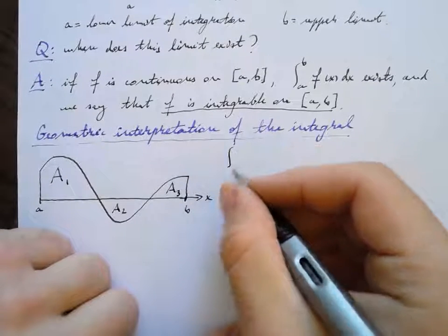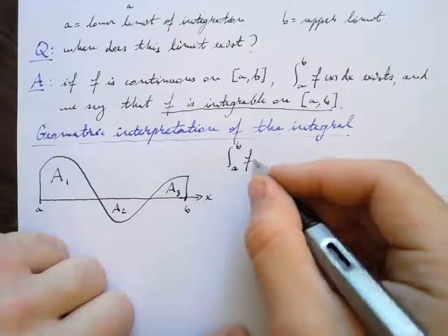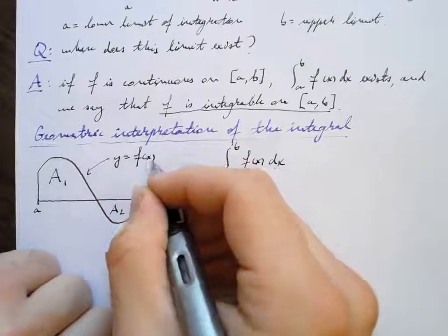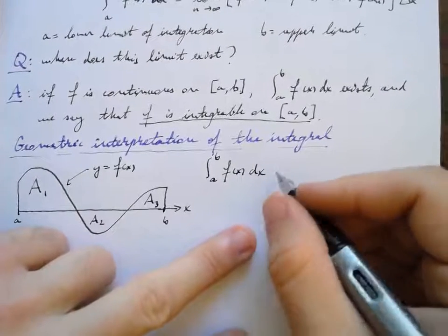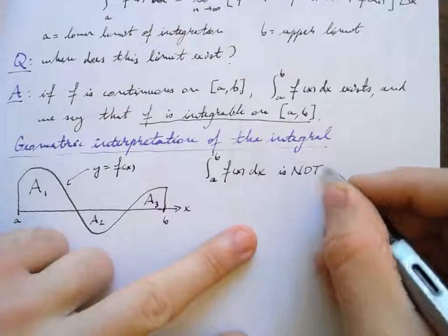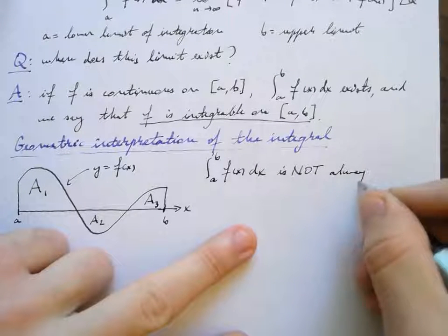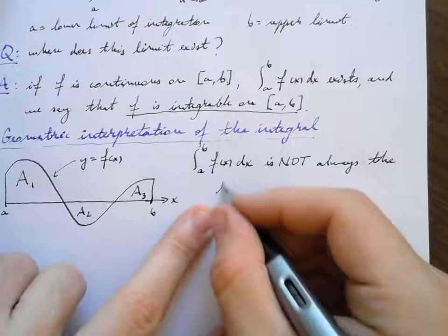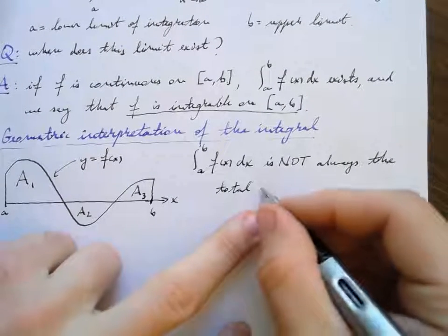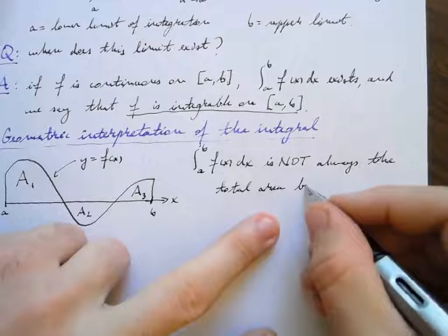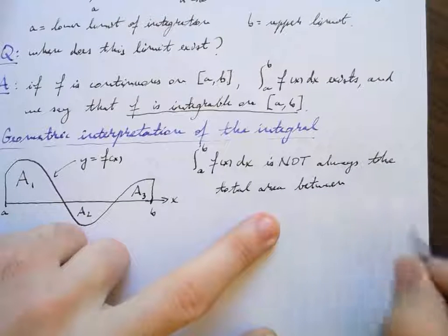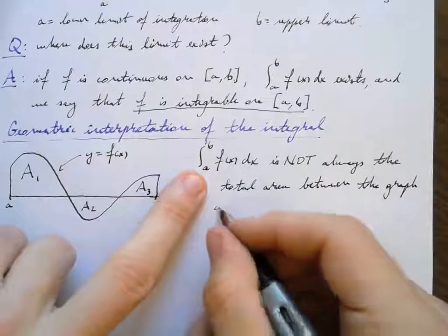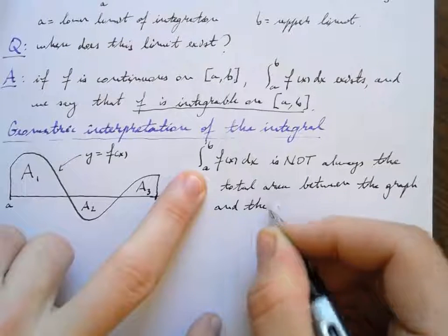So the key thing to note is that the entire integral from a to b of f of x dx, where the graph of this is y equals f of x, is not always the total area between the graph and the x-axis.